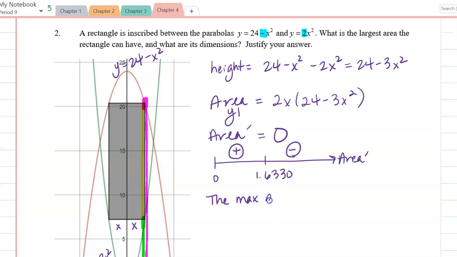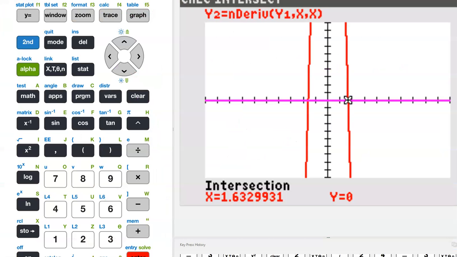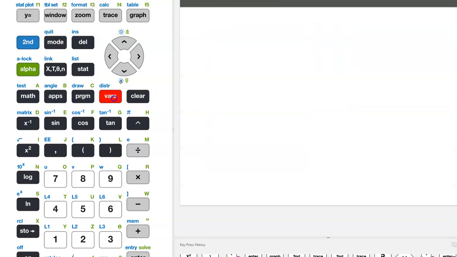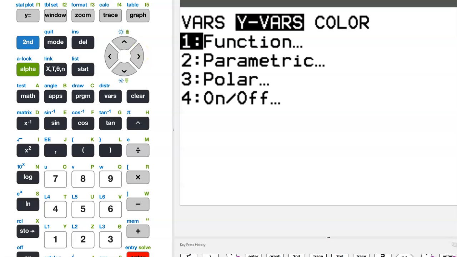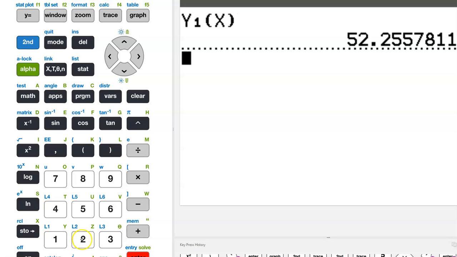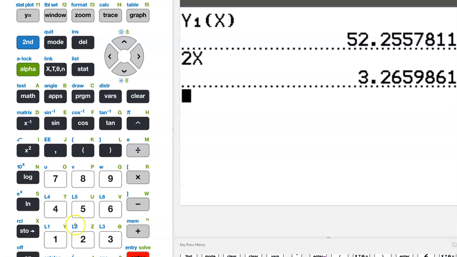The max area is, so you can go to your home screen, VARS, Y-VARS, y1 of x. And let's just do the dimensions right away. So we have 2x, and the height is 24 minus 3x squared.